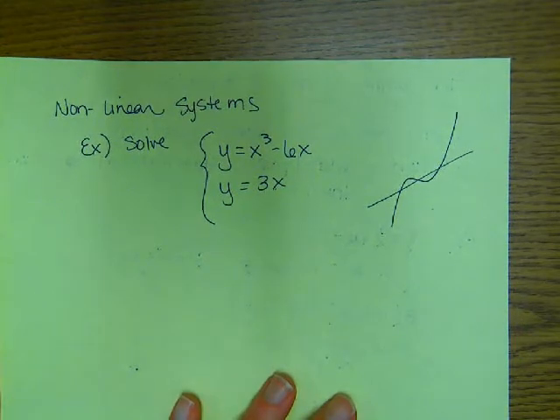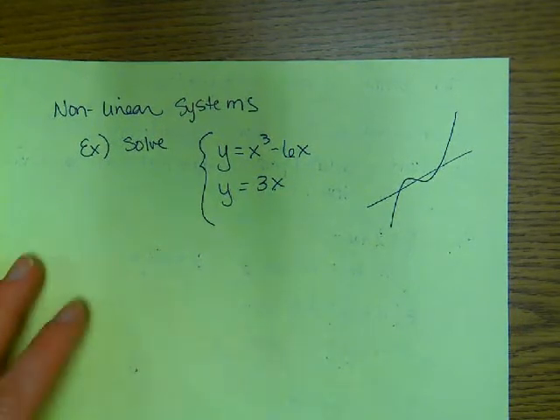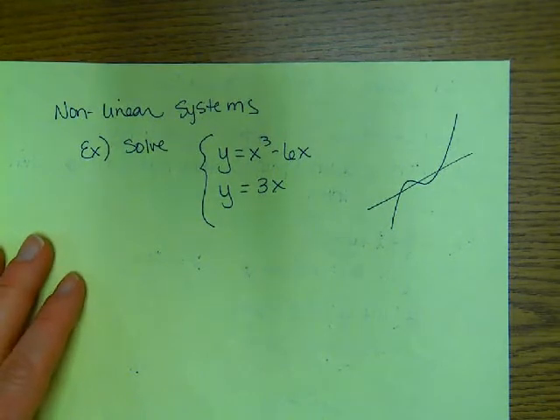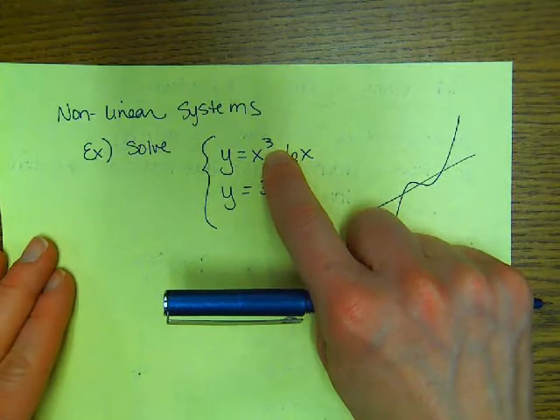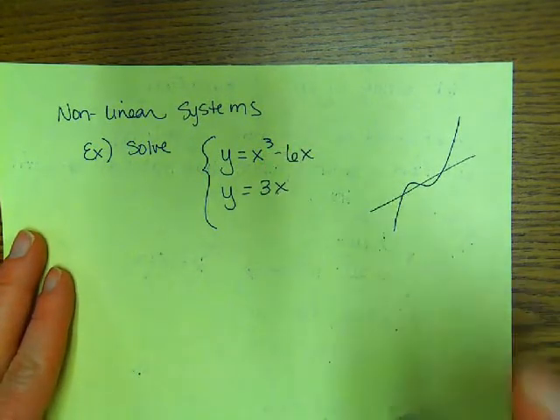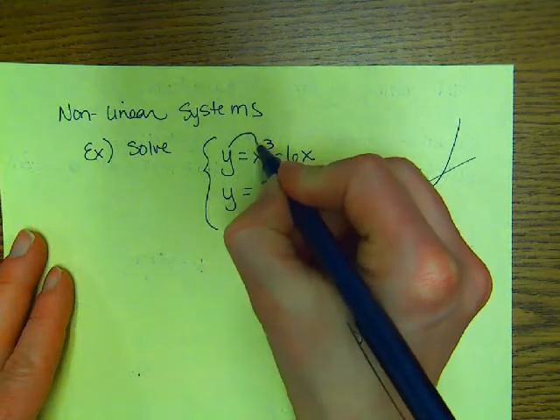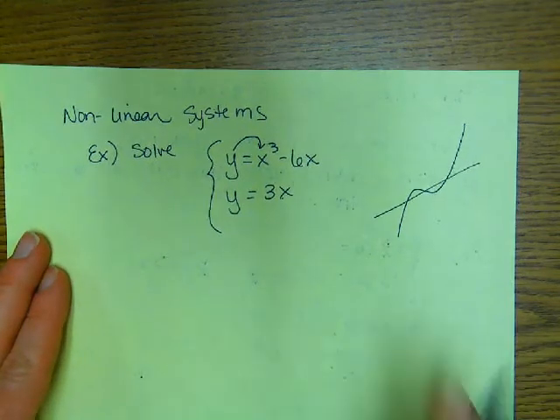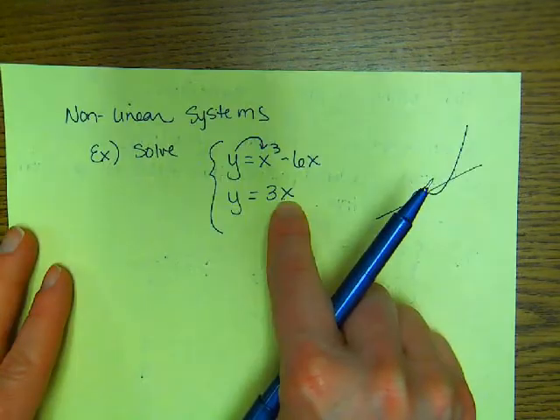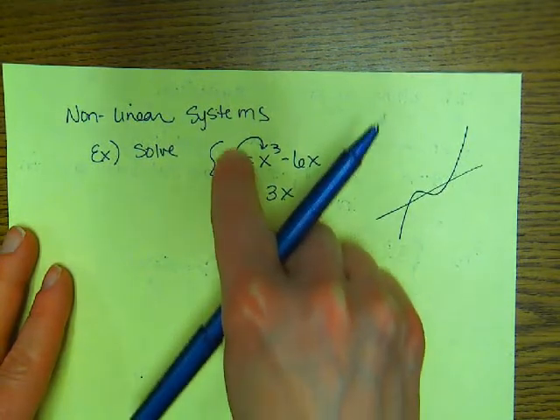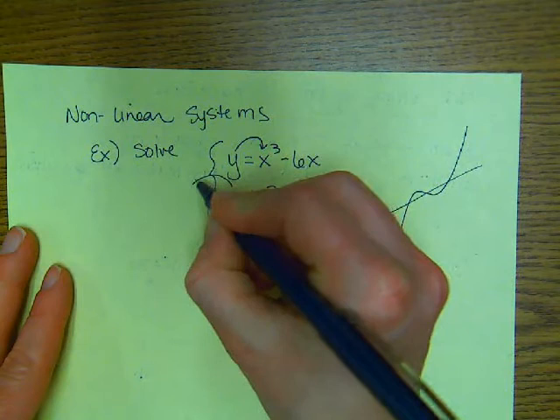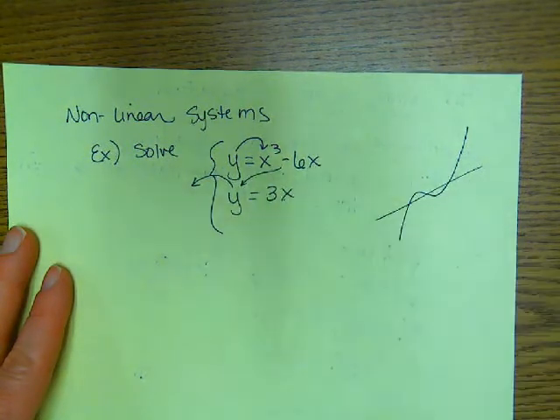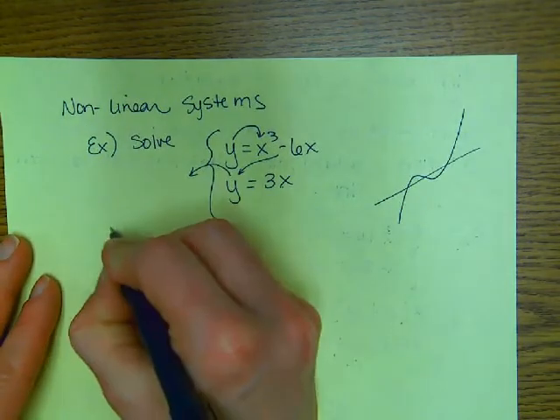The only way to solve a nonlinear system is to use factoring, or if it's quadratic, you could use the quadratic formula. This is not, so my only option for this is factoring. We're going to kind of use substitution again. Since y equals x cubed minus 6x and y equals 3x, if these y's are the same, what I can do is say, okay, I'm going to take out the y down here and replace it with what's up above.